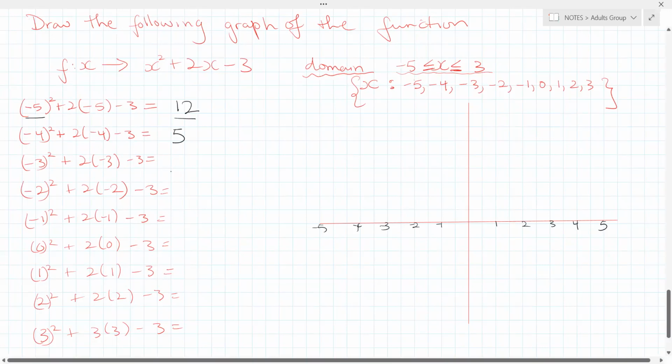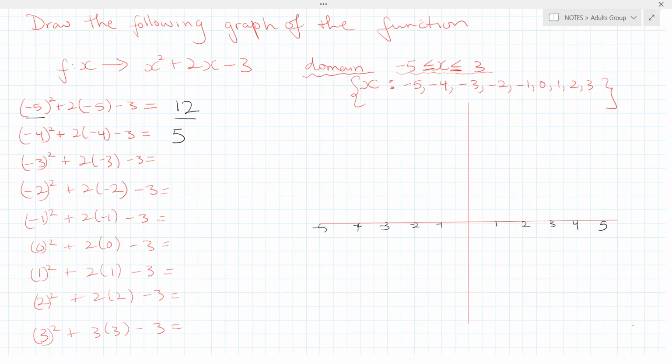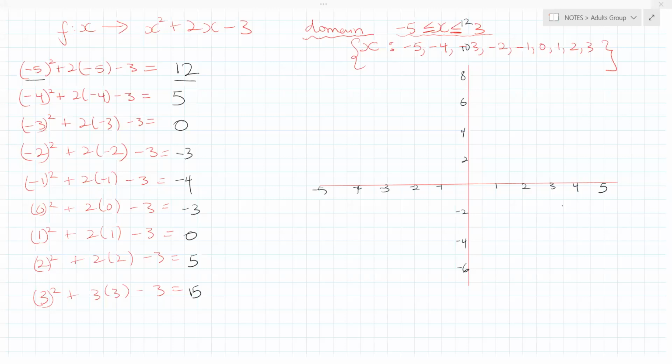Tiffany, what's the answer for the third one? So we would have substituted the domain into our function, giving us our y values.